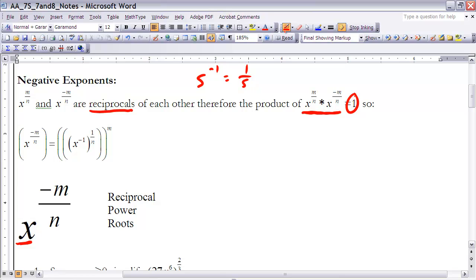But what we need to know is that the negative sign is the reciprocal, m is the power, and n is the root. As you look at any rational exponent, you want to think about those three things: negative is the reciprocal, m is the power, n is the root.